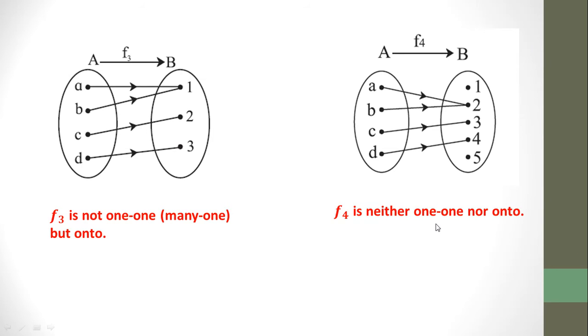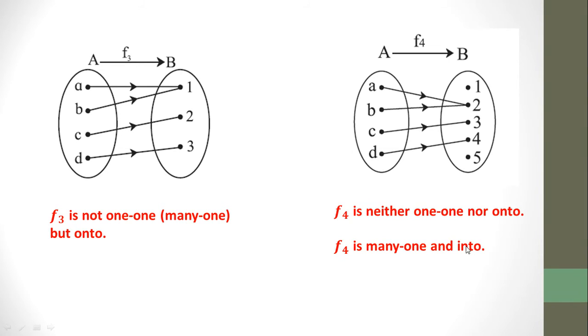If you want to check one-one, then think about the domain set, and if you want to check onto function, then check the codomain set as per the given definition. So what can you say about the f4 function? f4 is many-one, because two elements here are related with a single element, so it is called many-one.